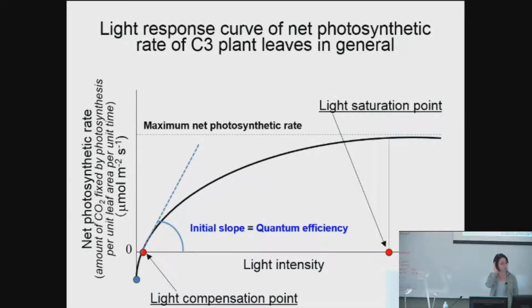Photosynthetic photon flux. The radiation is called photosynthetically active radiation, PAR, that drives photosynthesis, but the measurement used for quantifying PAR is photosynthetic photon flux, and the unit is micromoles per square meter per second.